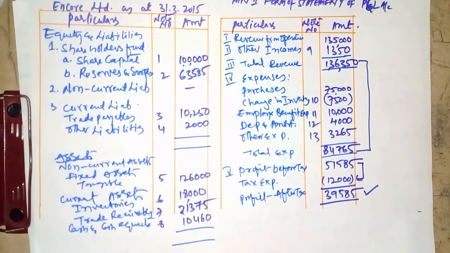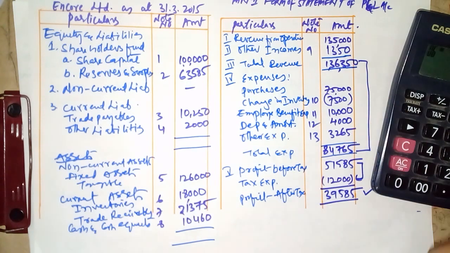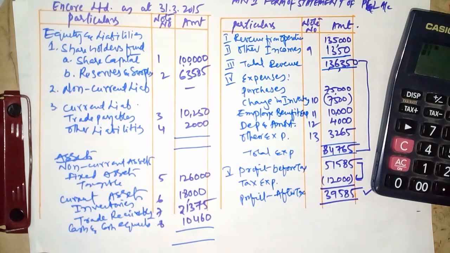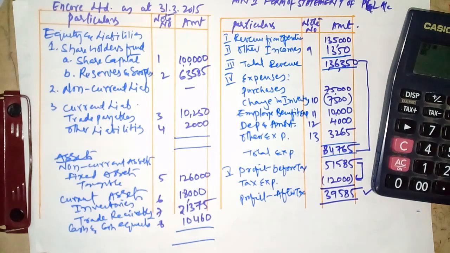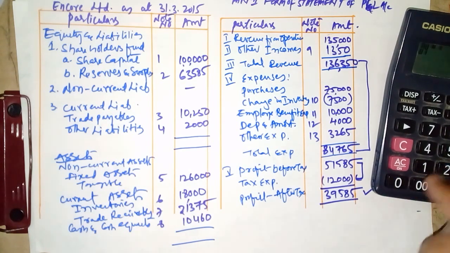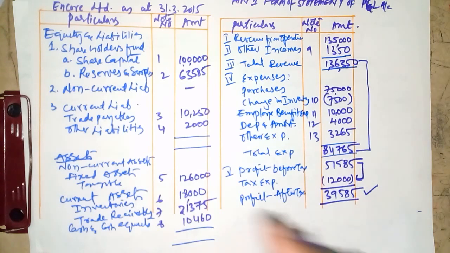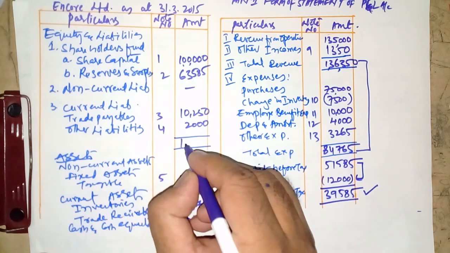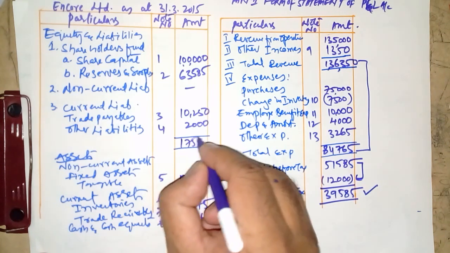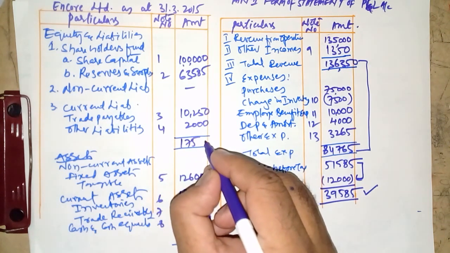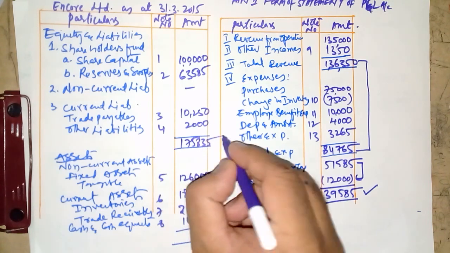So like this we have written all the items. Then we need to check whether our balance sheet is getting tally or not, right? So 1 lakh plus 63,585 plus 10,250 plus 2,000. So it is 1,75,835.